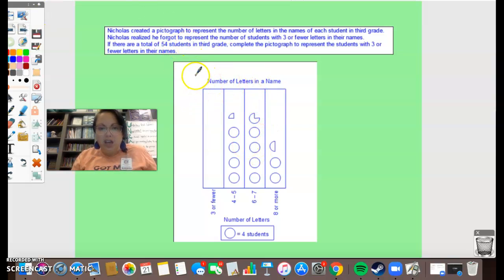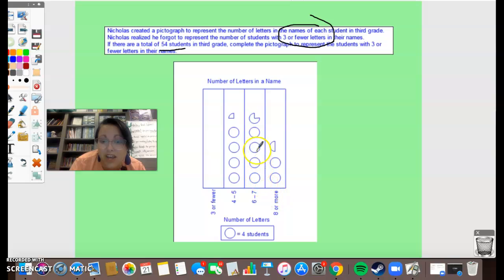Let's see. Nicholas realized he forgot to represent the number of students with 3 or fewer. If there are 54 students in 3rd grade, this is a lot to do. I'm not sure I can do it in the 30 seconds I have. Okay, the circle is 4 students. So 4, 8, 12, 16, and look, they've got a quarter of it, so that's going to be just 1, 17.